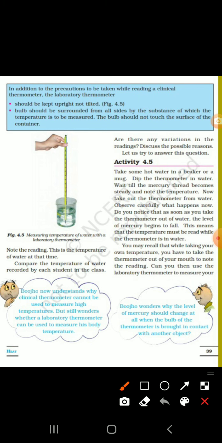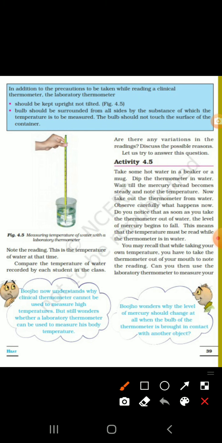Do you notice that as soon as you take the thermometer out of water, the level of mercury begins to fall? This means that the temperature must be read while the thermometer is in water. Simply, you have to check the temperature inside the hot water.